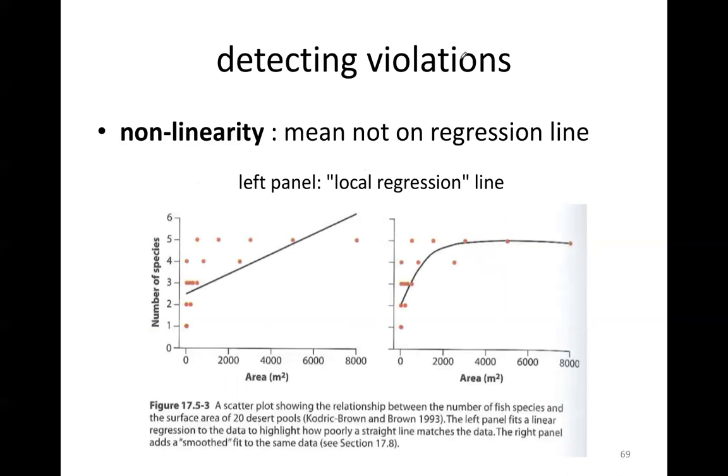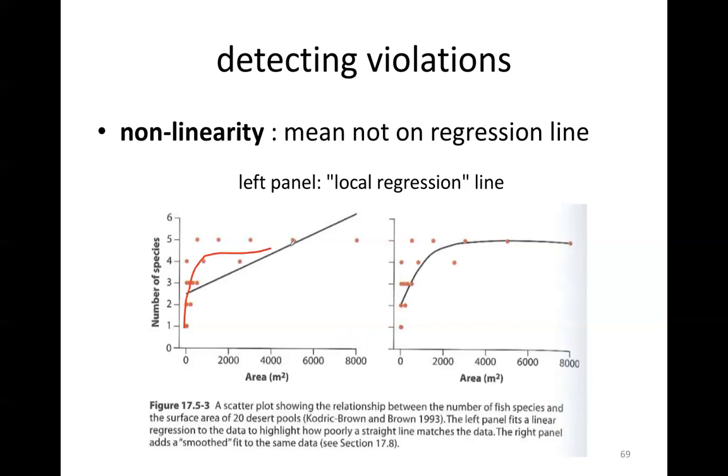Another type of violation is when the relationship between x and y is not linear. So take this example of data points, number of species observed per area, and it has this kind of nonlinear relationship.